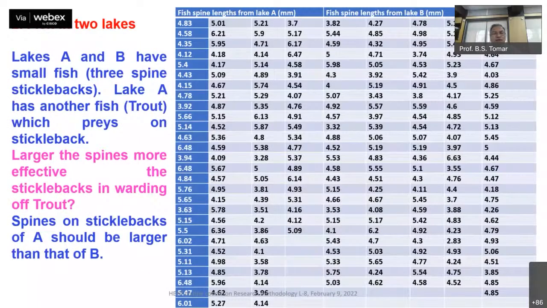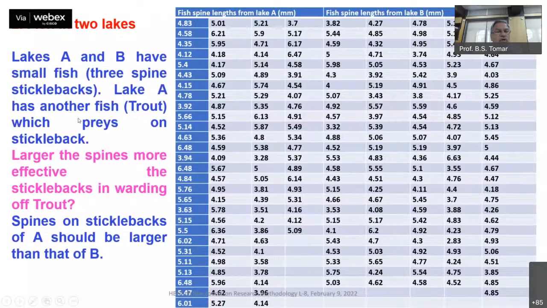This is another example, which I gave you in the early lectures. There are two lakes, let us say A and B, and there is a small fish called the three-spined stickleback, which has three spines on its back. Lake A is a bigger lake, which has another fish called trout, and this trout preys on these sticklebacks.